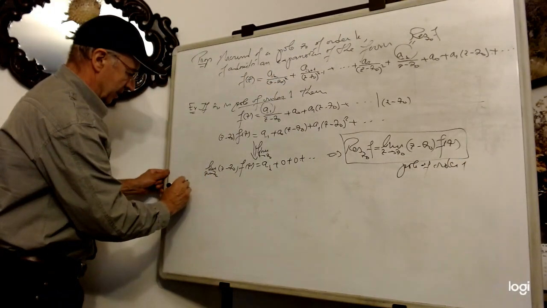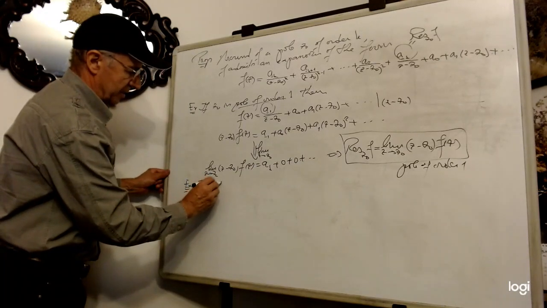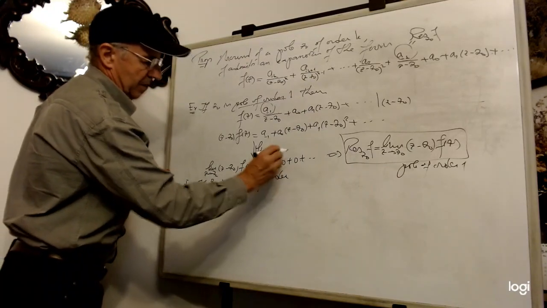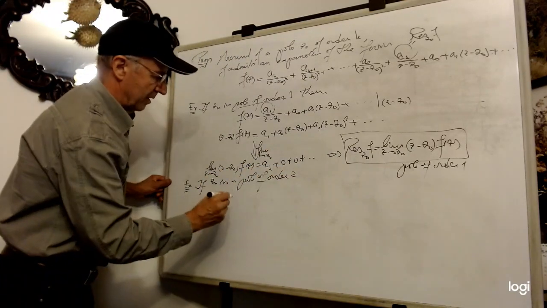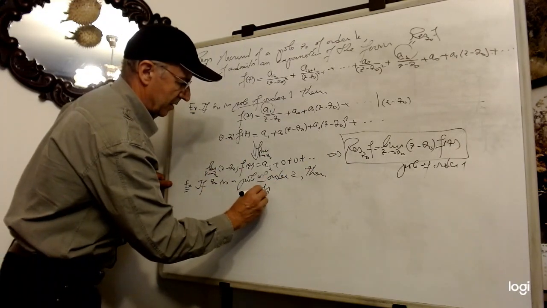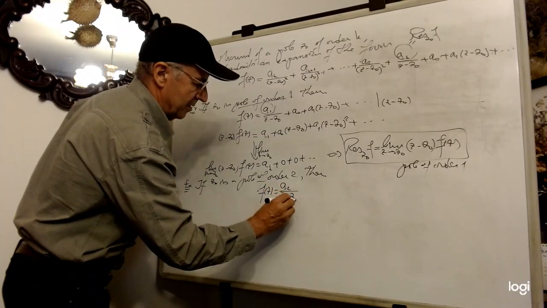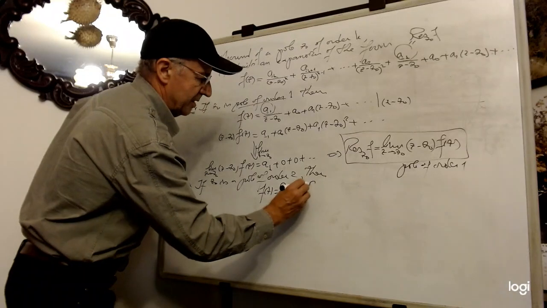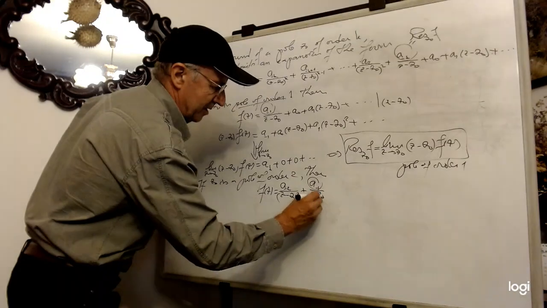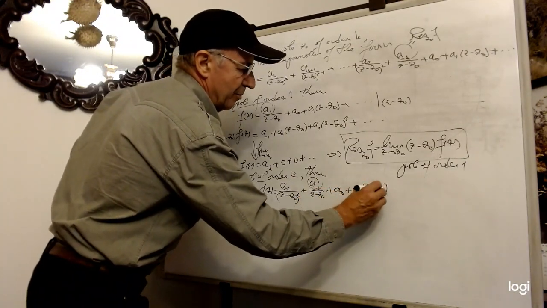Now, in the case where z0 is a pole of order 2, our expansion f(z) starts with a_{-2}(z - z0)^{-2} + a_{-1}, our very important coefficient, (z - z0)^{-1} + a0 + a1(z - z0) + and so on.